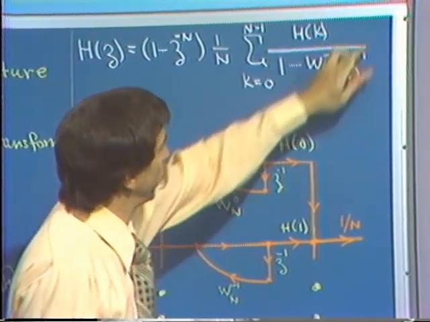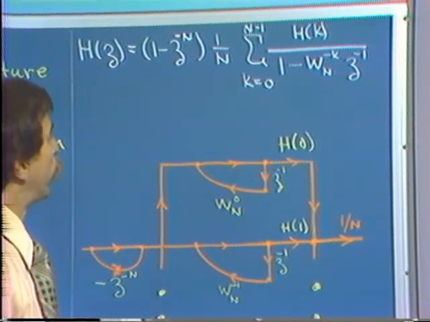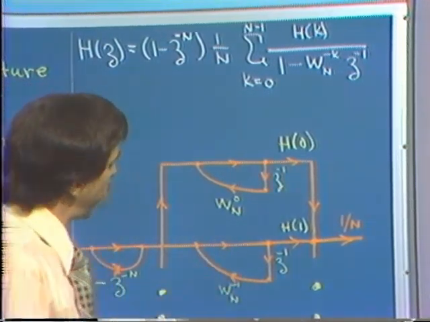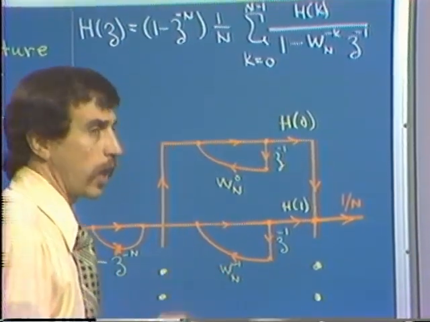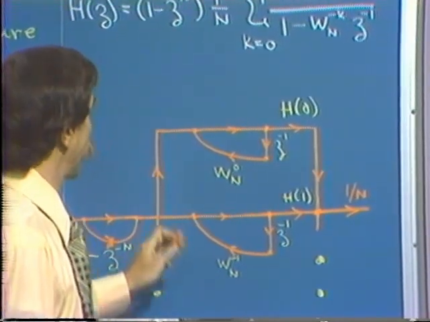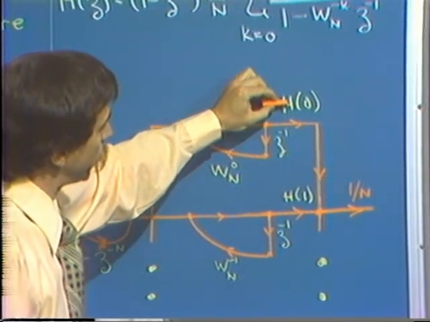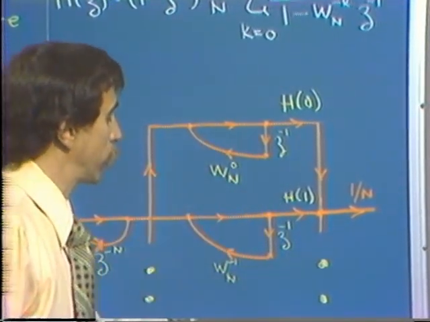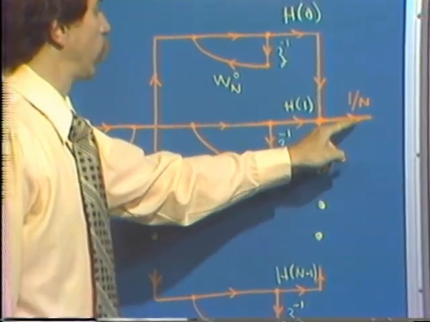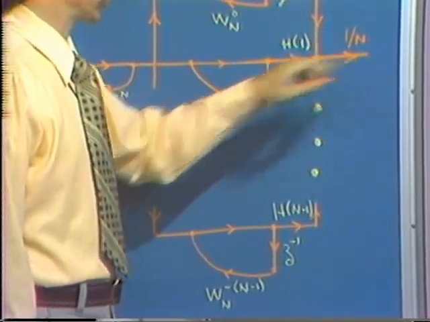So the system that implements this sum is then a parallel combination of first-order poles where the coefficient in the feedback path is W sub N to the minus k, and the gain in the forward path, which can be placed either before or after the pole, are the frequency samples H of 0, H of 1, down through H of N minus 1. And then, of course, we have the gain of 1 over capital N, which has to go someplace. And for now, let's just leave it at the end.